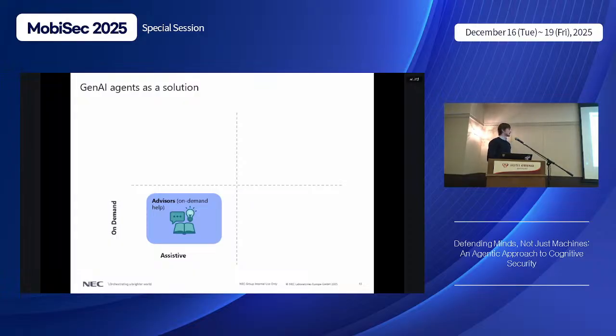So if we talk about existing things like on-demand and assistive agents, like what we have with ChatGPT, with Copilot, etc. We could talk about advisors, right? You could have agents that can be used to gain specific insights, can use different tools to gather information and give important insights to a user.